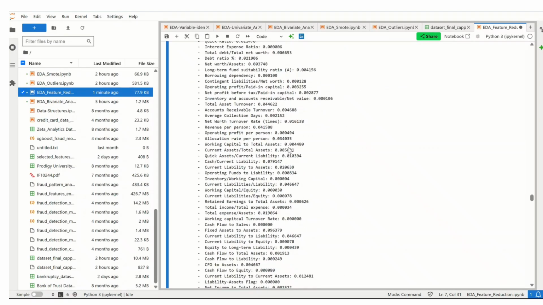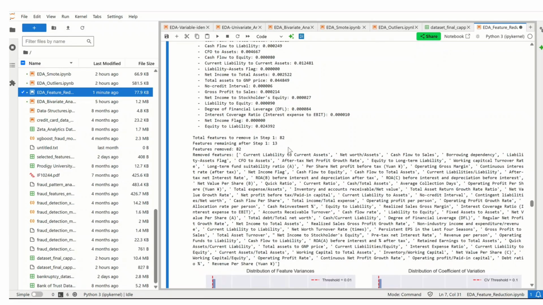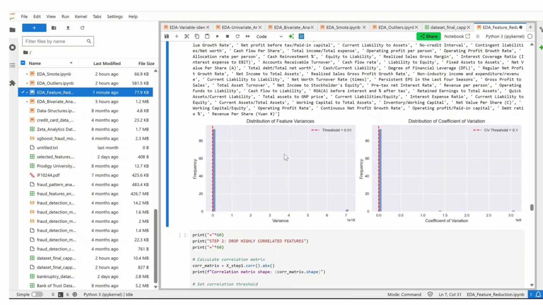You can see almost 82 features. That means we have a lot of features which don't add any value to the model training. So 82 features need to be removed, right? Now we can see the distribution of feature variance here.